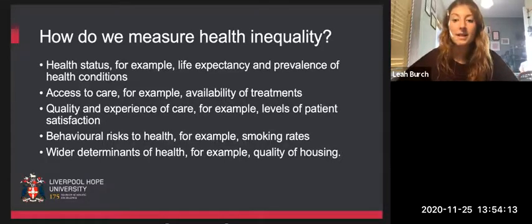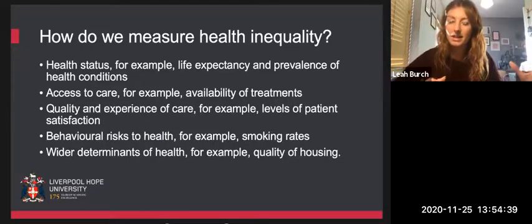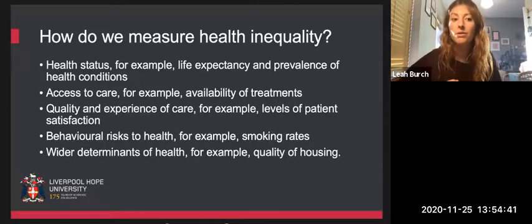So we can access really quite useful data about mortality figures, for example, in relation to different areas with different levels of deprivation, or the prevalence of health conditions for people working in different sectors of employment.